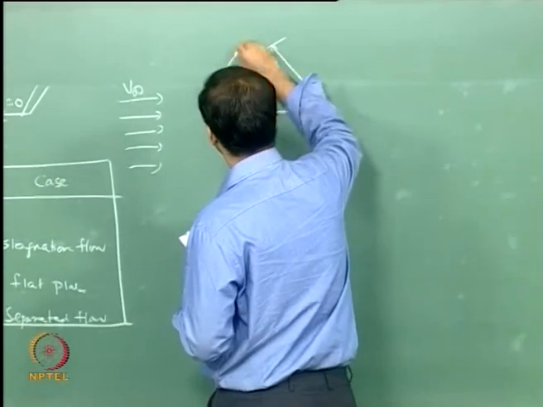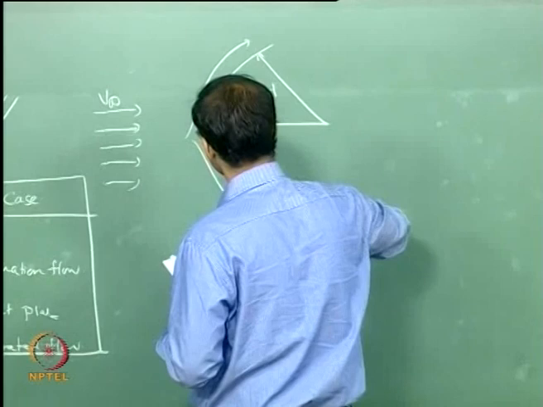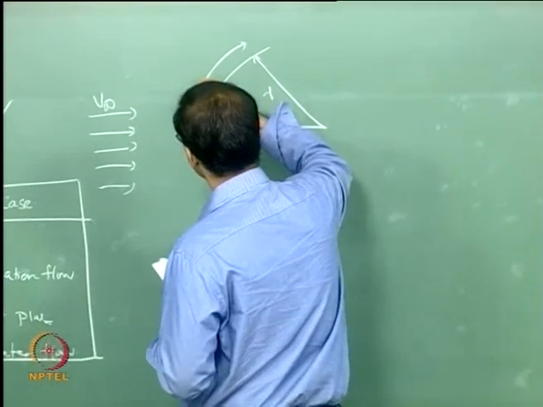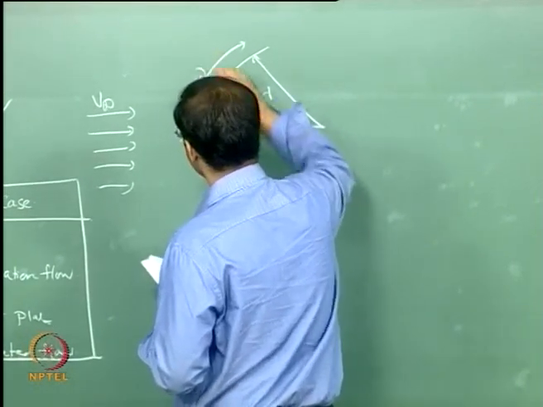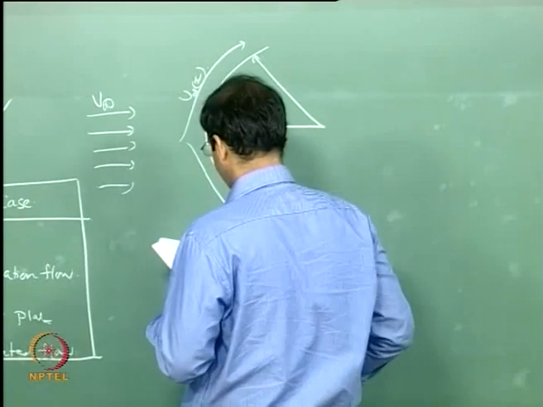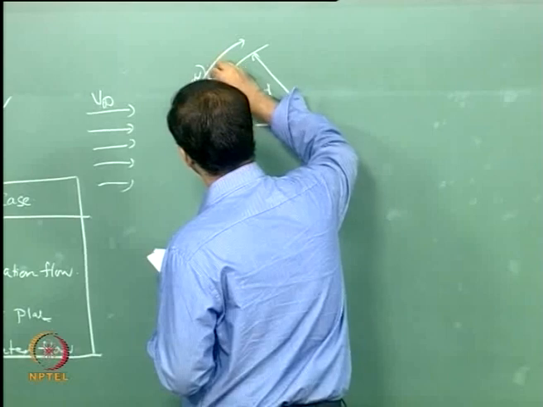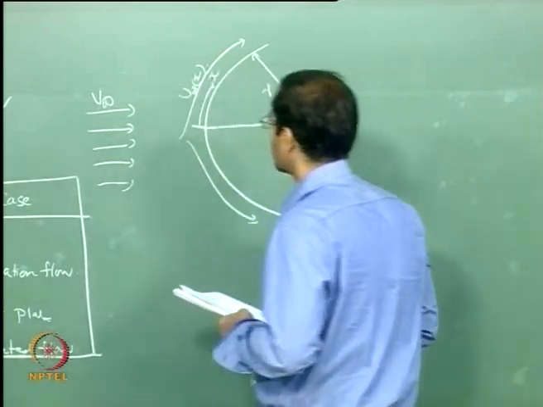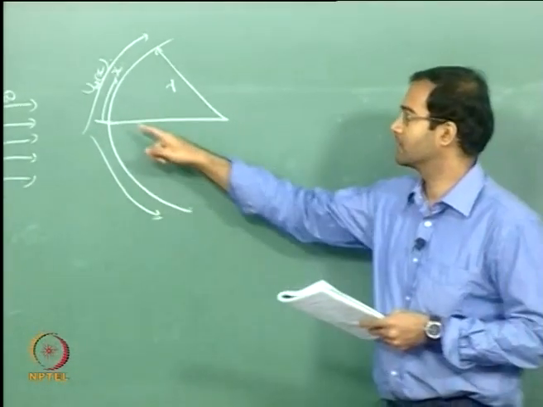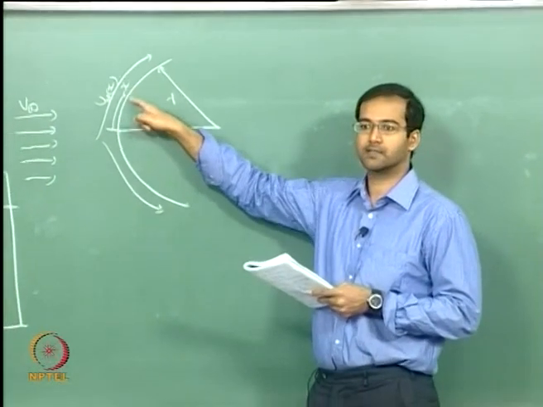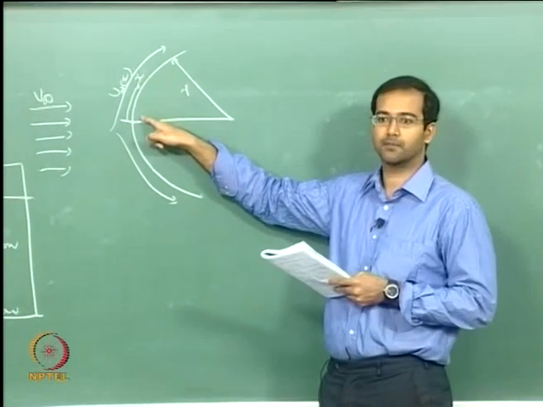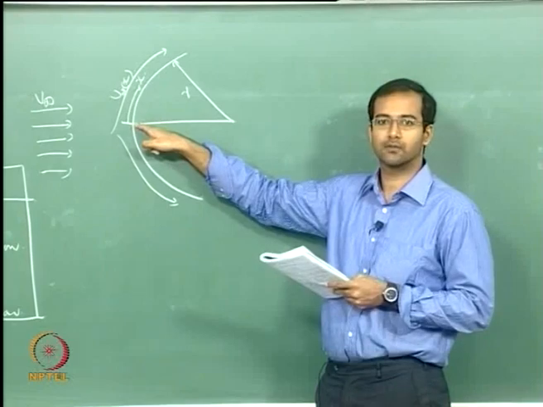Then when the free stream travels over the surface, it becomes a function of your local coordinate x, where x is defined in this particular fashion. That is the sector distance starting from this point, where it is 0.